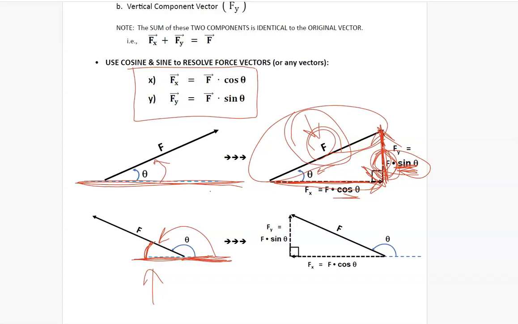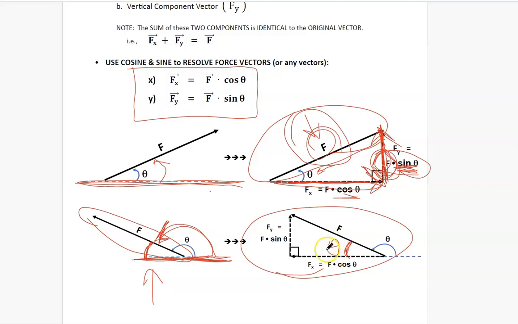Now for this bottom example where officially the angle is this angle, I'm going to tell you there's a much easier way to do it than to draw that and try to figure out that angle. Just create a right triangle from your original vector, just like you did before, and do the same calculations with this angle. The angle on the inside, use this theta, not this theta. It's a different number. It will give you almost the same answers, except sometimes the positive and negative signs will be switched.